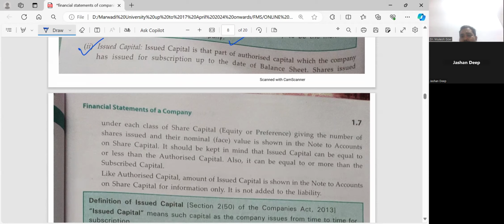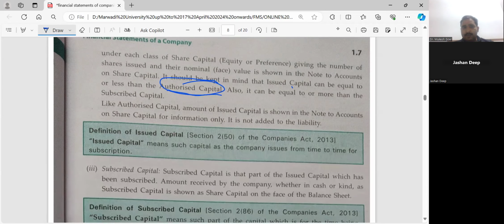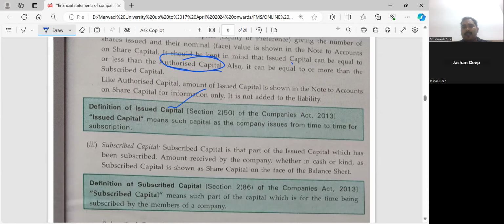It should be kept in mind that issued capital can be equal to or less than the authorized capital. It is not more than the authorized capital. The definition of issued capital under section 250 of the Companies Act 2013: issued capital means such capital as the company issues from time to time for subscription.